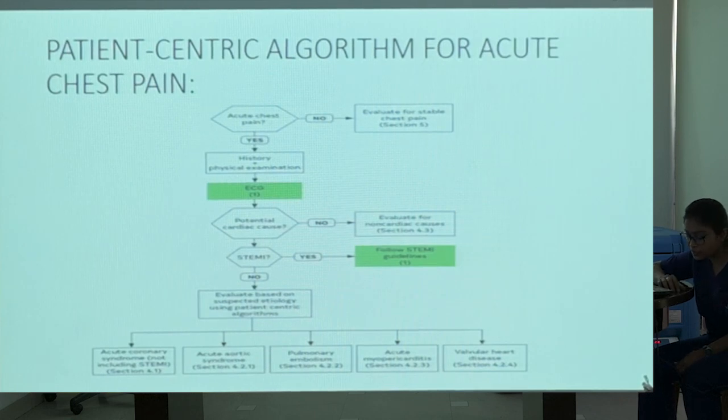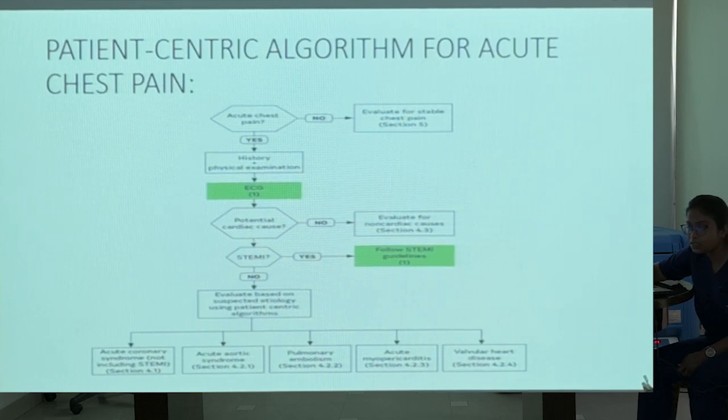But if the ECG shows a potentially cardiac cause, but it is not ST elevation MI, then the evaluation should be based on suspected etiology using the patient-centric algorithm. That can be of different types. The potentially hazardous cardiac cause, but not ST elevation MI, can be different things.